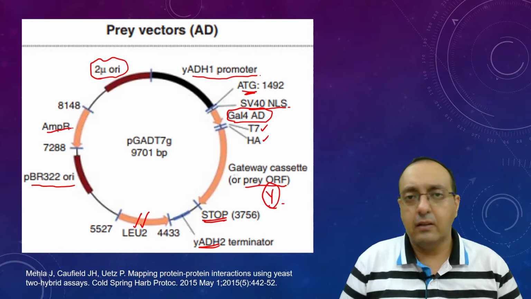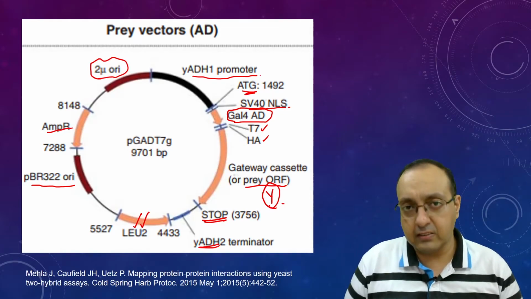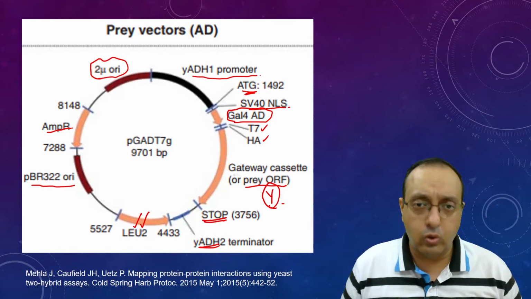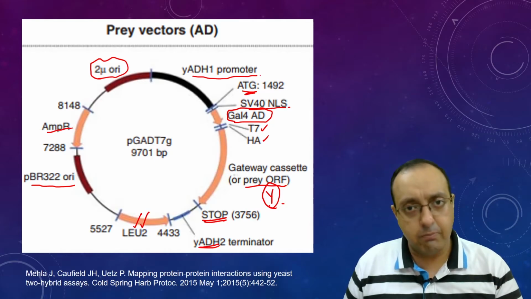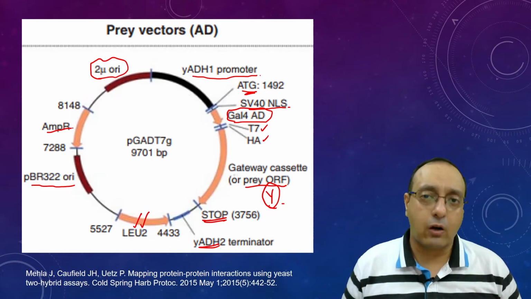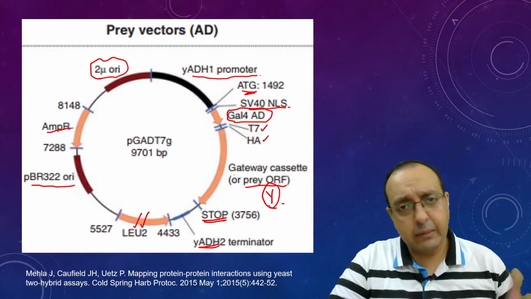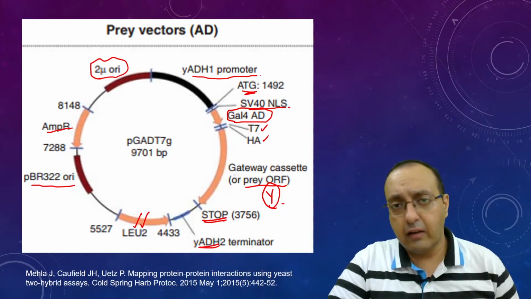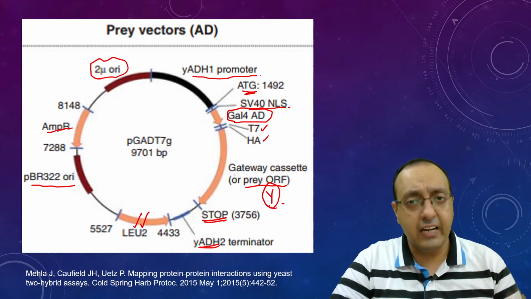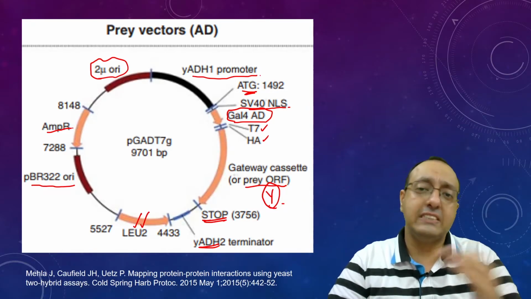So these are the designs of bait and prey vectors, and we take suitable controls, so we also transfect another batch with just the prey vector, just the bait vector, so that there is no background effect. And sometimes if there is a problem in expressing the activation domain or DNA binding domain at the N terminus, we can also fuse it to the C terminus.